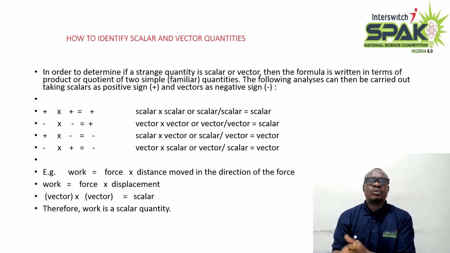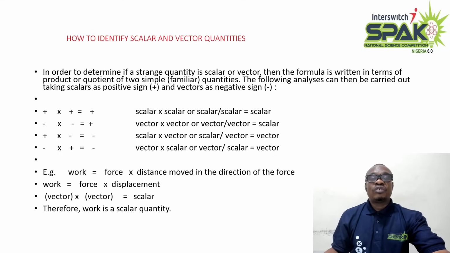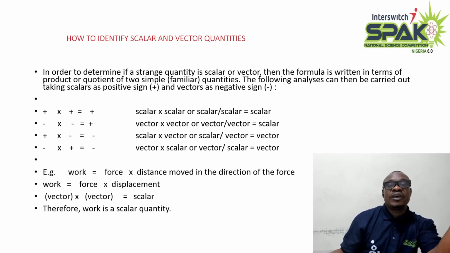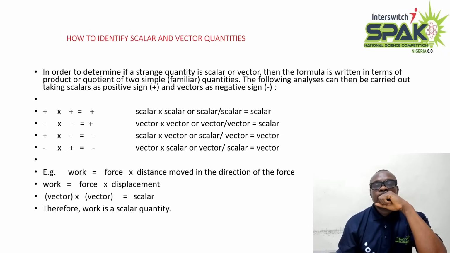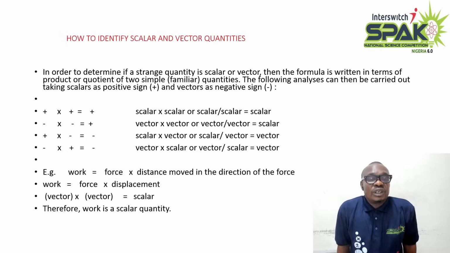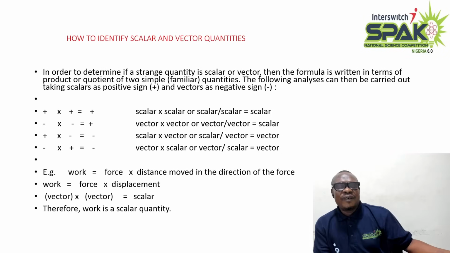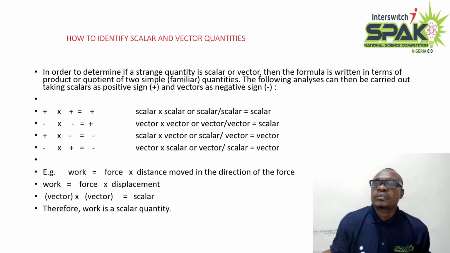What are these tools that will aid us in understanding these terms? The first one we talk about is scalar and vector quantities. So what are scalar quantities and what are vector quantities?